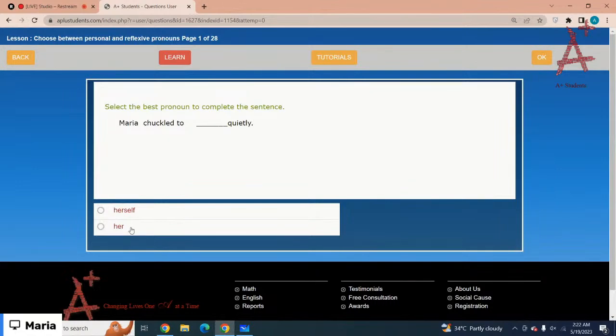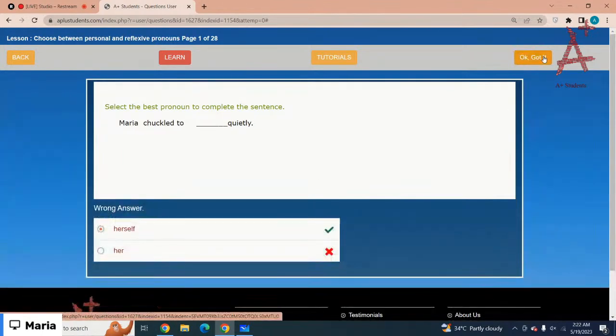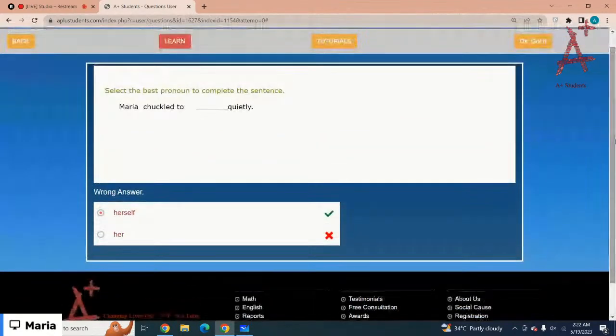Chuckle means laughing. Oh, it would be chuckled to herself because it is a quiet laugh. Got it?